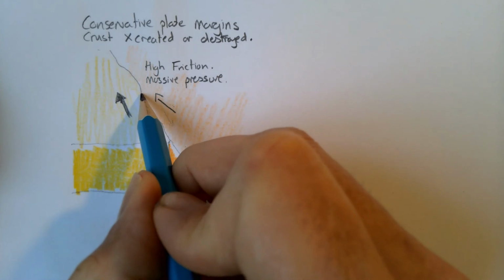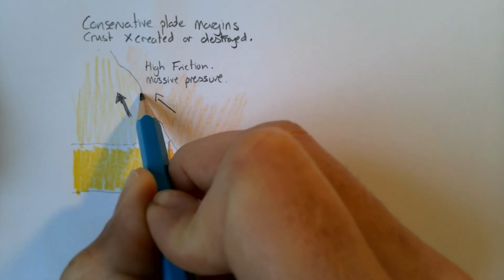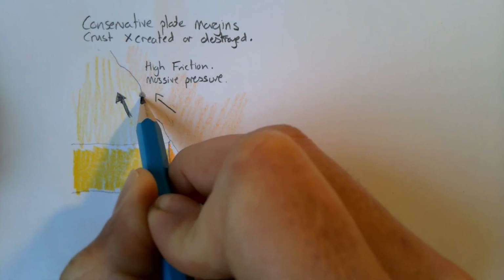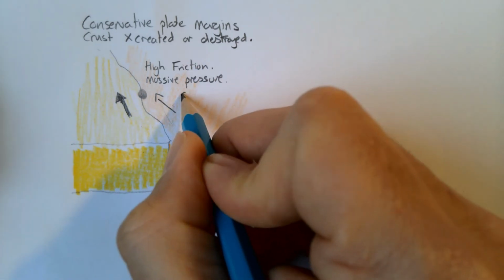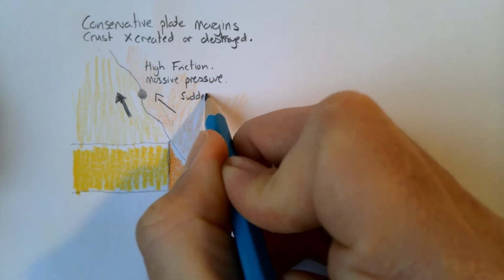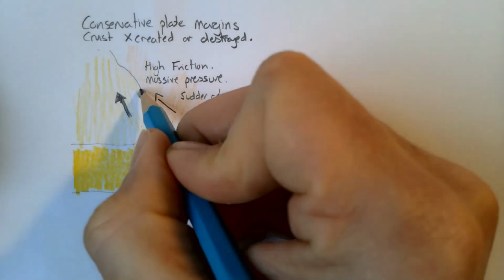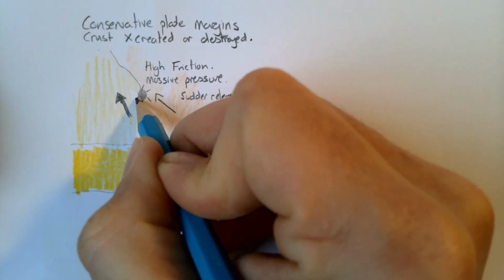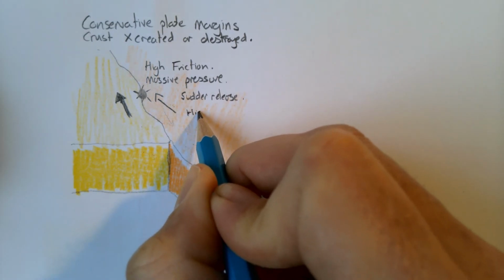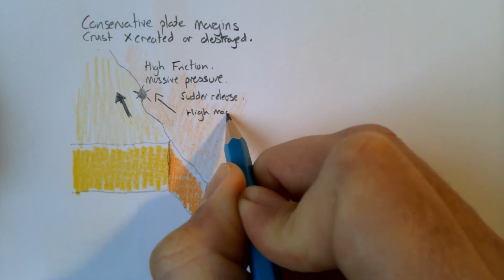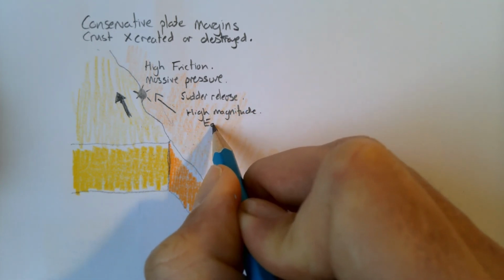And we can represent that by the plates are locking here, and that pressure is building and building until there is a sudden release of pressure. And that sudden release is an earthquake, which are often high magnitude and destructive earthquakes.